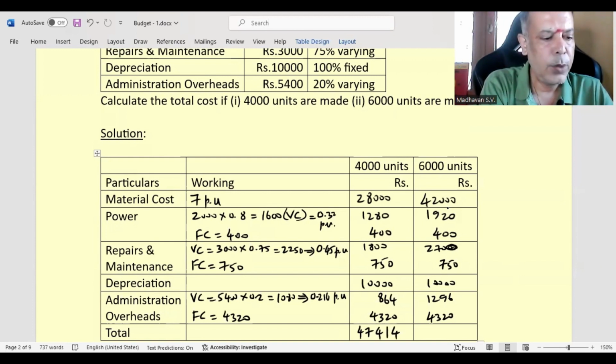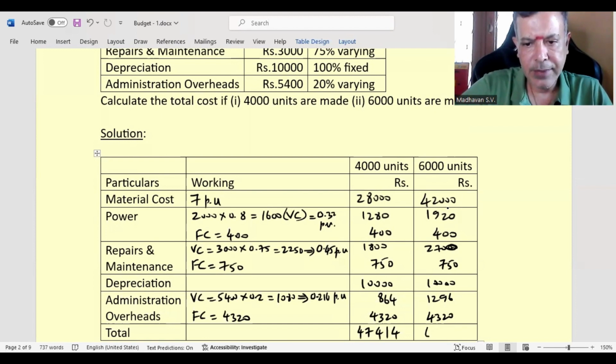This one, 42,000 plus 1,920 plus 400 plus 2,700 plus 750 plus 10,000 plus 1,296 plus 4,320. We get 63,386. That is the solution for this question.